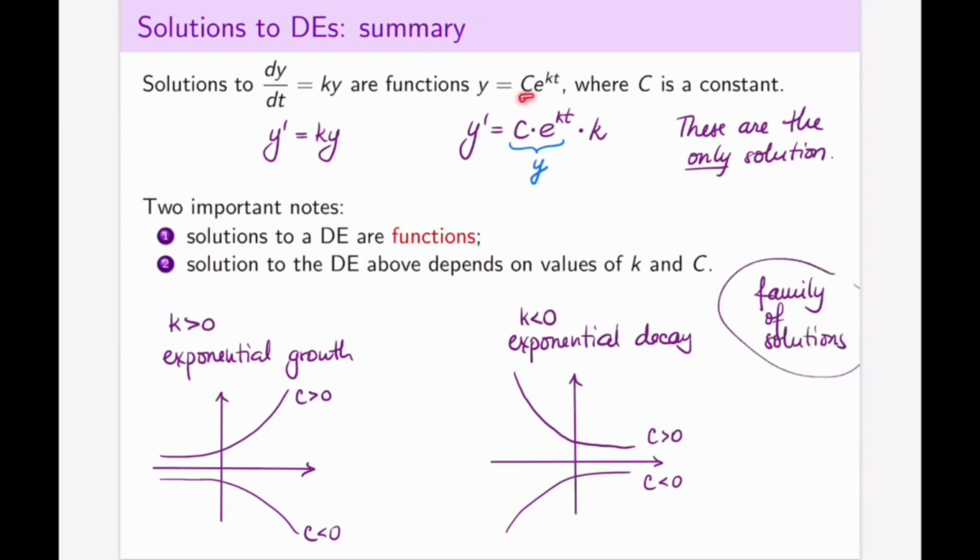Without specifying what c and k are, my solutions are an entire set of related and similarly shaped curves. If I would like to pick a specific member of this family, I need further information. In particular, if I have some kind of knowledge about the value of c, then if I have infinitely many of these related curves, just fixing one point will allow me to fix the one particular member of the family of solutions that I have to consider.